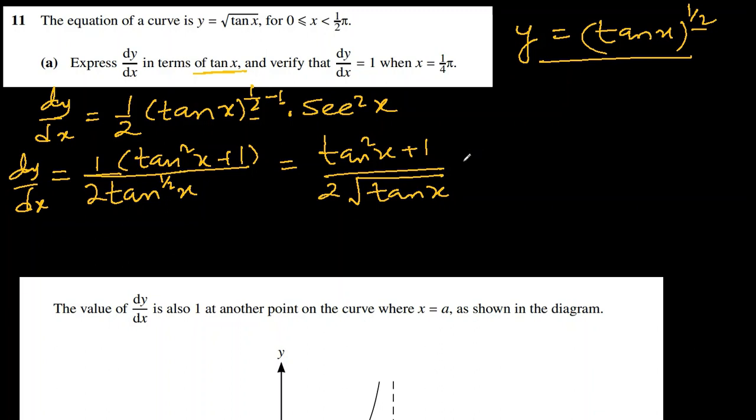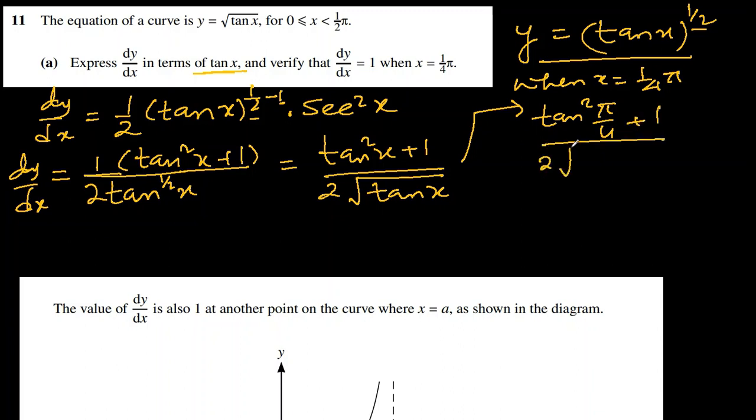So let me do it here. So tan square pi by 4, you can write here when x is 1 over 4 pi, which is pi by 4 in other words, okay, plus 1 equal to 2 square root tan pi by 4. And tan pi by 4 is a very popular kind of angle.